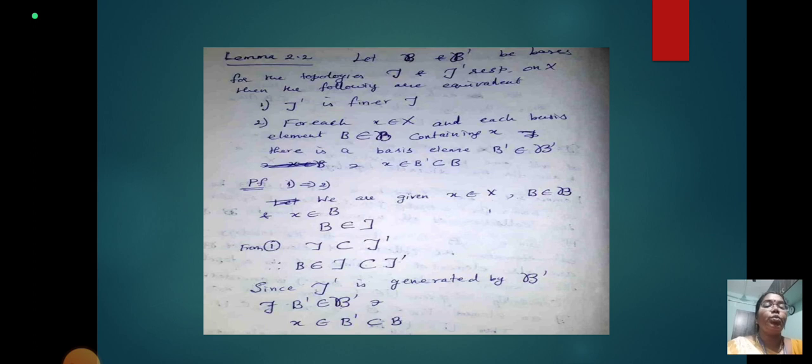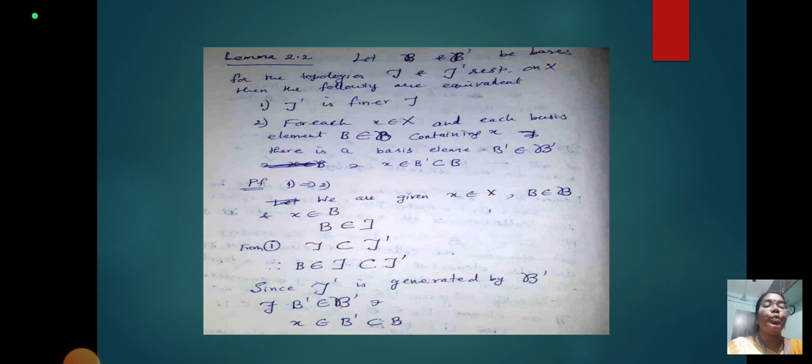Next, lemma 2.2. Let script B and script B dash be bases for the topologies tau and tau dash respectively on X. Then the following are equivalent, which means script B is a basis for tau and script B dash is a basis for tau dash.